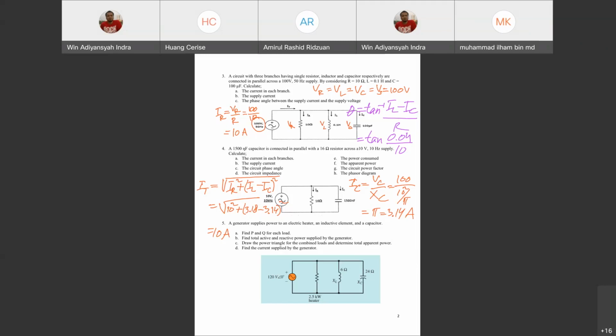Use radian mode instead of degree. Yes, 0.004, but use radian mode.